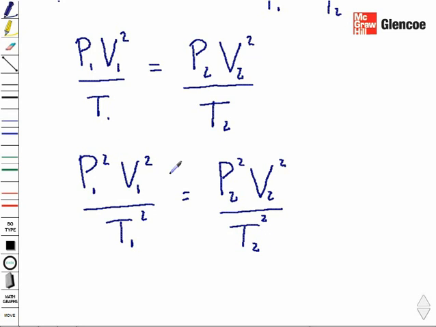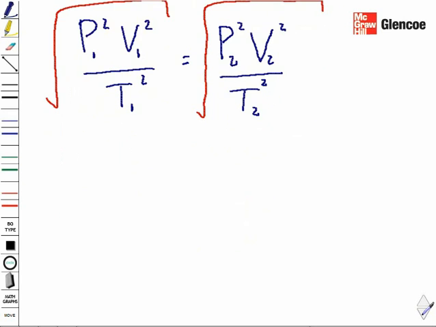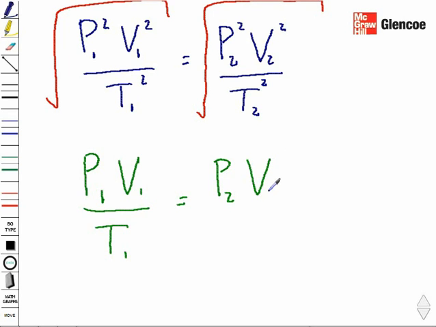everything is squared. If you remember from your math classes, the way that you can get rid of everything being squared is you're going to take the square root of both sides of your equation, and when you do that, you end up with the combined gas law, which says P1 V1 over T1 is equal to P2 V2 over T2.